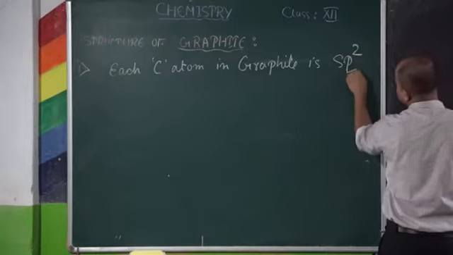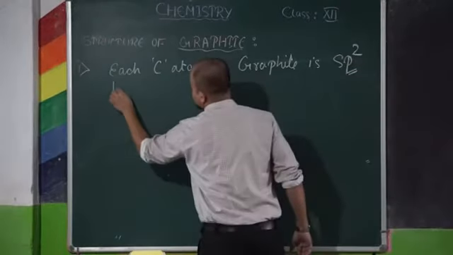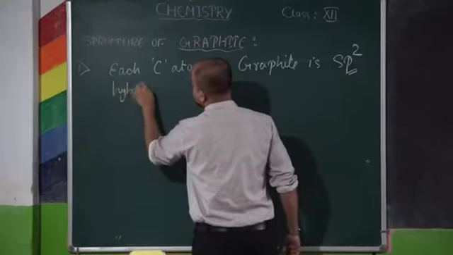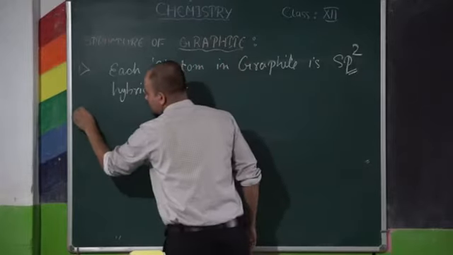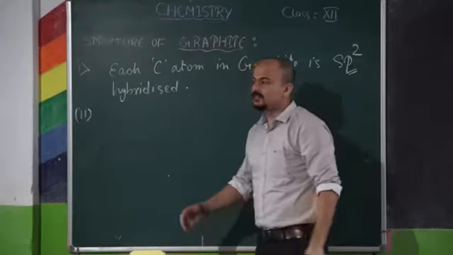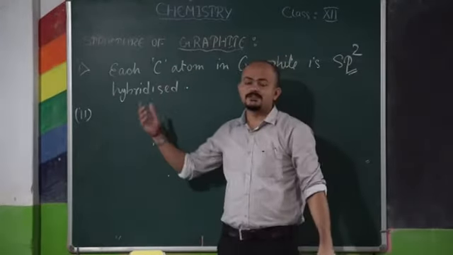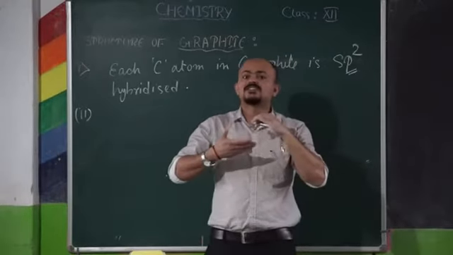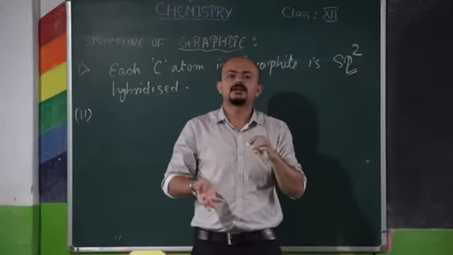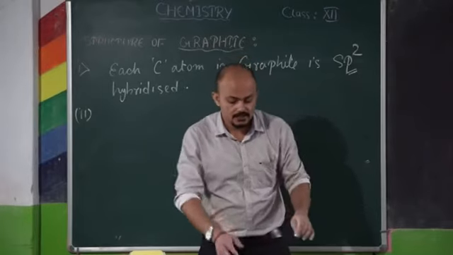Please remember this point. Carbon atoms in graphite form a sheet-like structure. It has sheets of structure which are separated by certain distances. Okay.